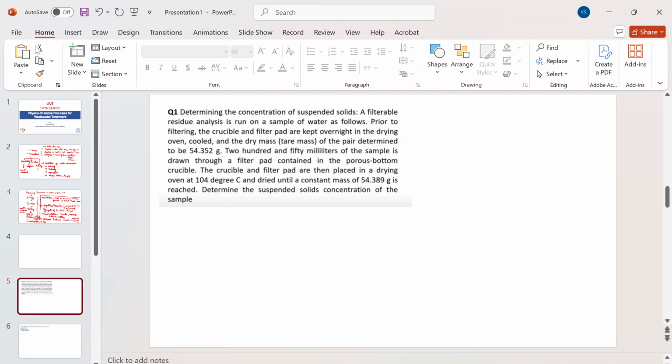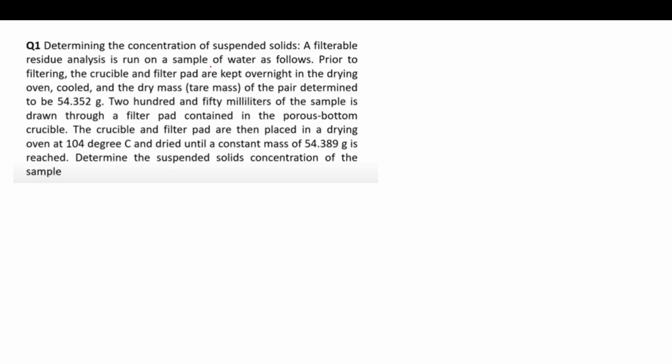The crucible and the filter pad are then placed in a drying oven at 104 degrees Celsius. So 104 degrees Celsius ensures that all the water will be evaporated, right, and dried until a constant mass of this much. Determine the suspended solid concentration of the sample.